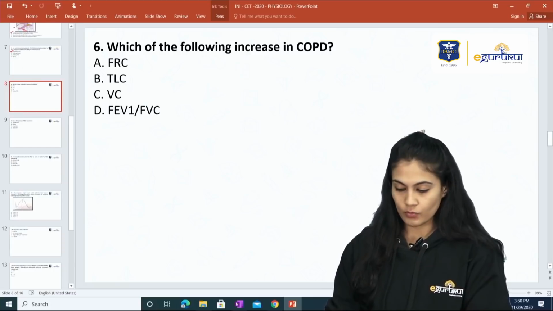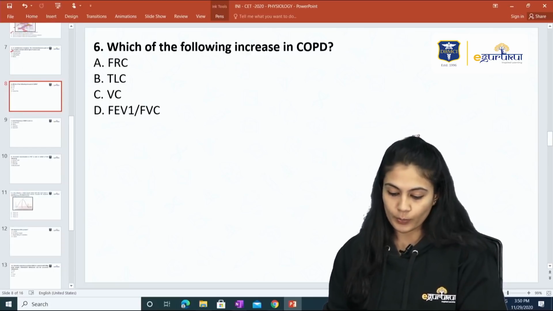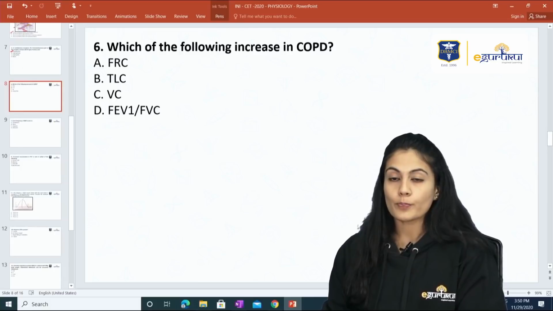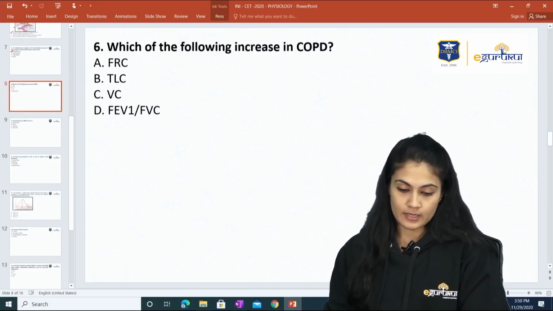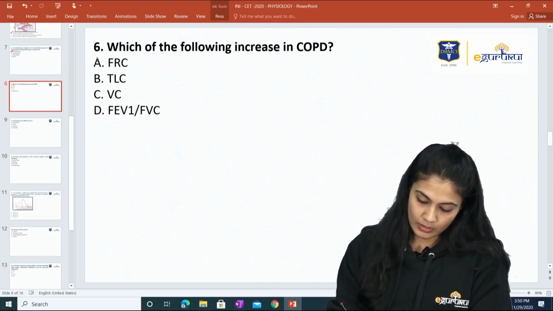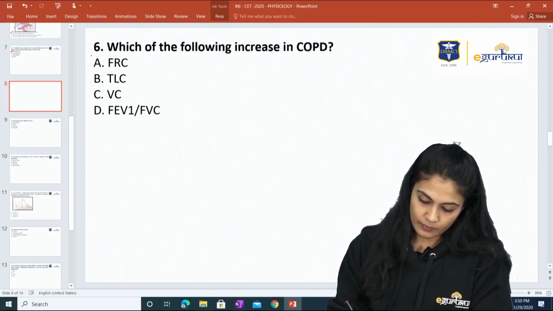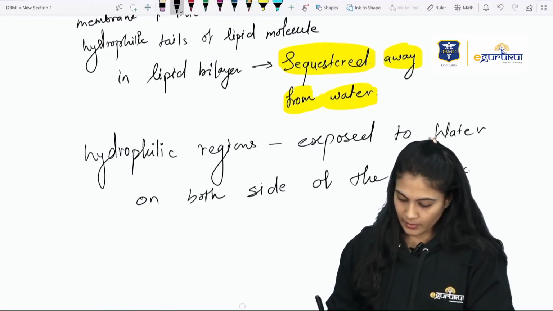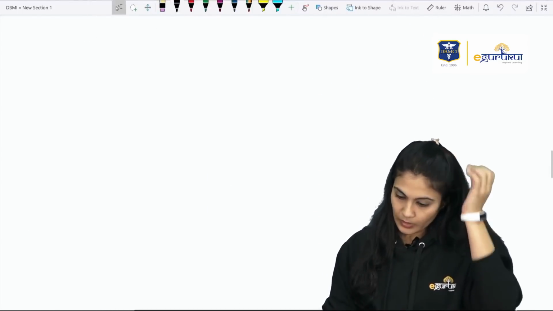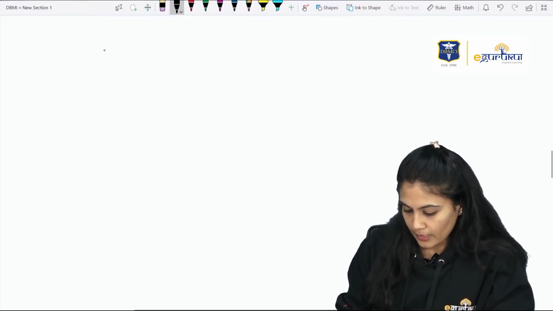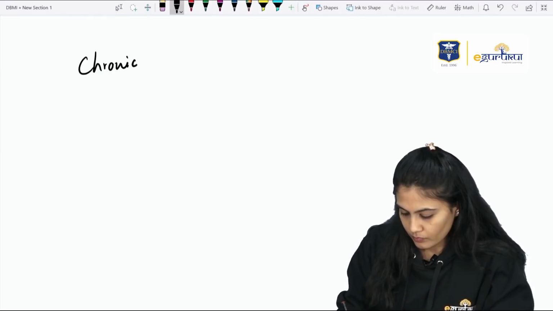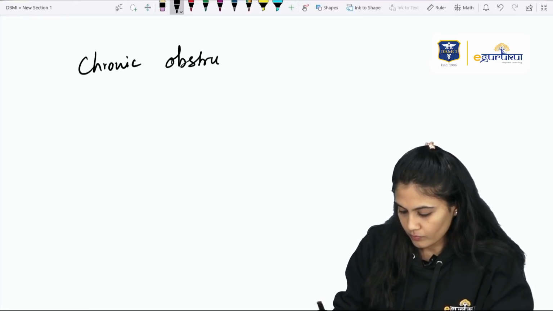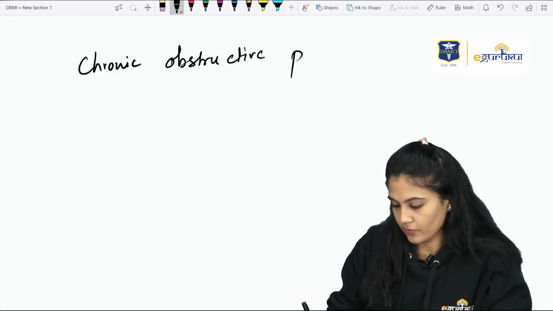Question number 6. Which of the following increases in COPD? Chronic obstructive pulmonary disease. The answer over here is option A. Why is the answer A? Let's see. First of all, we should know what chronic obstructive pulmonary disease is.